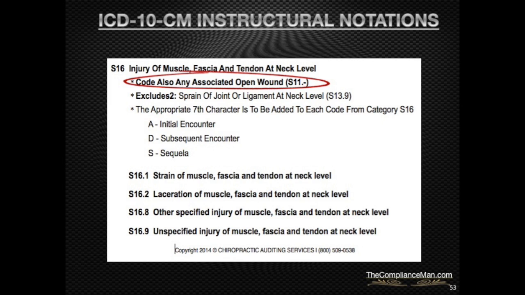And underneath that, you'll see that because it was an injury, and it's in the S section or injury section, chapter 19, the appropriate 7th character is to be added to each code from category S16. And so for that, as I've said before, you would use the A. So chiropractors will always use the A if it asks for a 7th character.